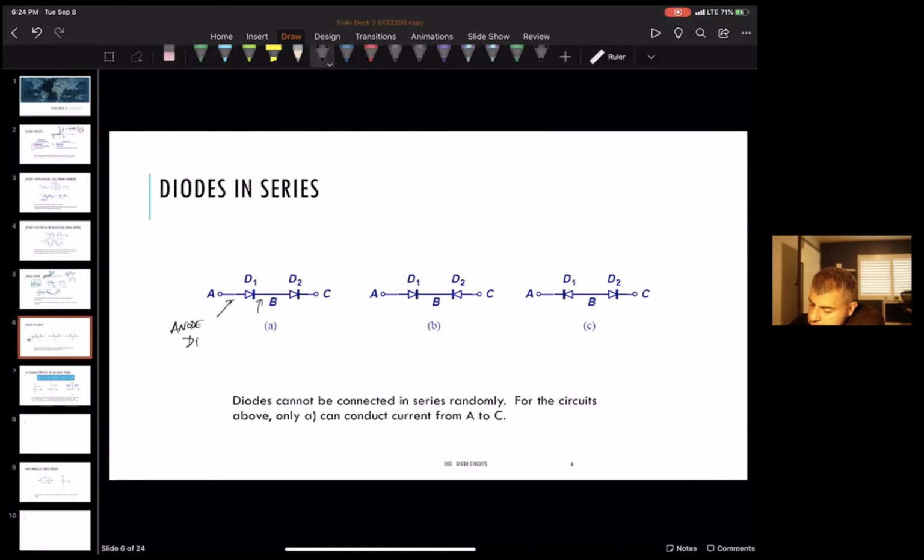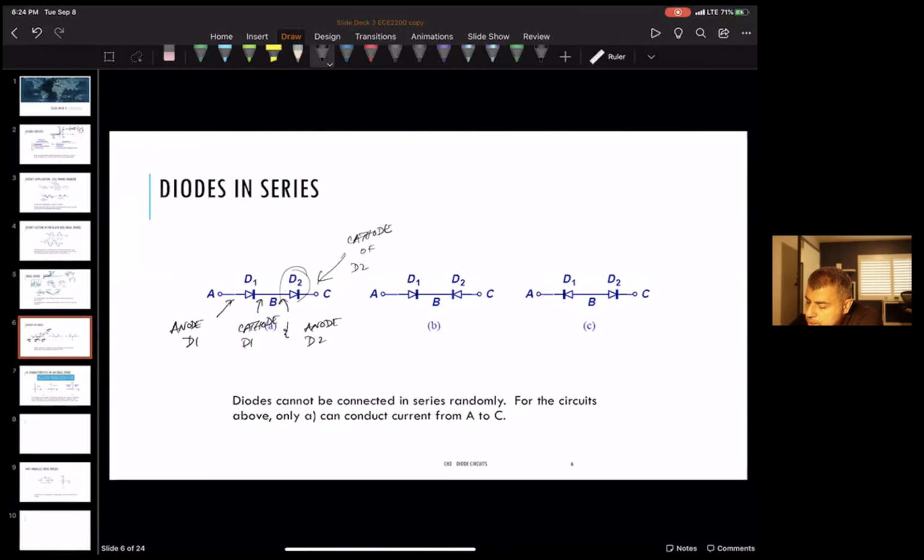This guy is the cathode of D1, and it's also the anode of D2, this guy, and this is the cathode of D2.